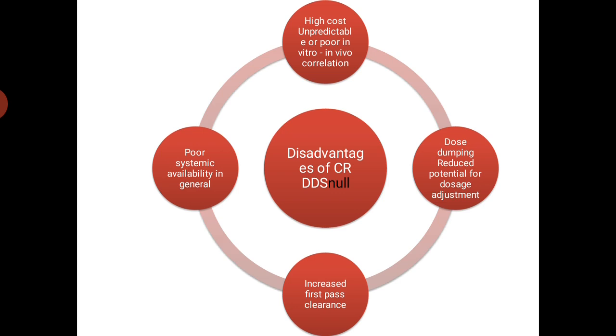That means if you're developing a controlled release dosage form, we should adjust the label claim or the dose of the drug molecule. Suppose we are converting a conventional form into a controlled release form. In the conventional form we were administering 100 mg 4 times a day.